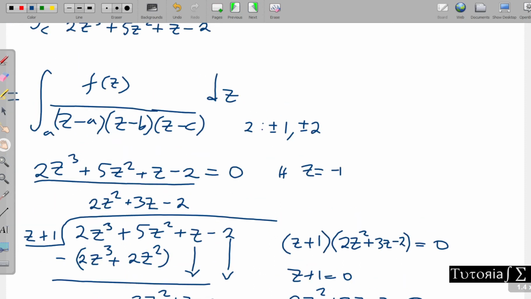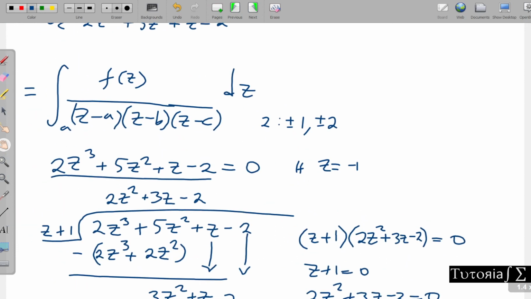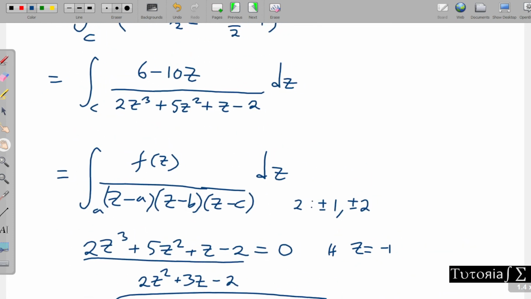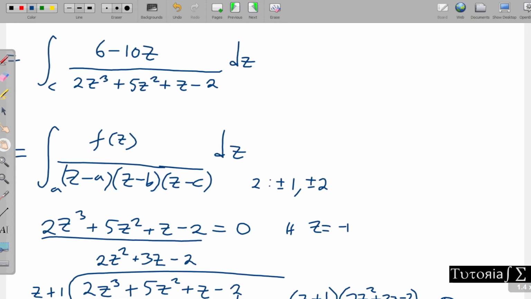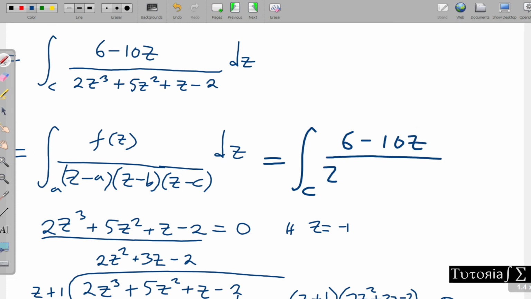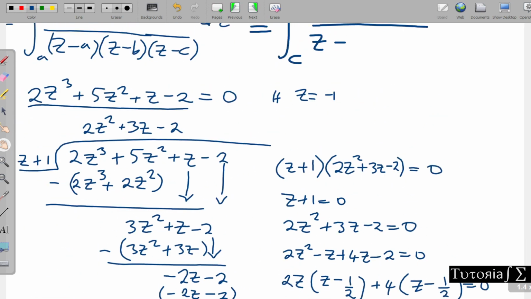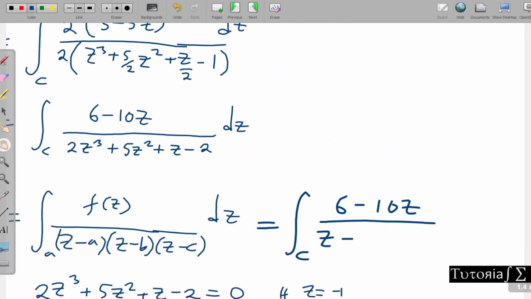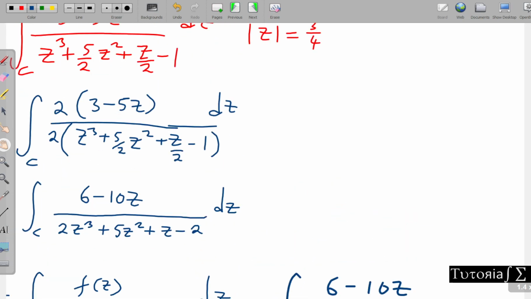So you have your 3 factors here. Let me just get rid of this. You have your 3 factors, so your f of z is this on top here. You just say integral of 6 minus 10z divided by z minus, what is your a? z plus 1. So it will be plus 1, because the a is negative, right?